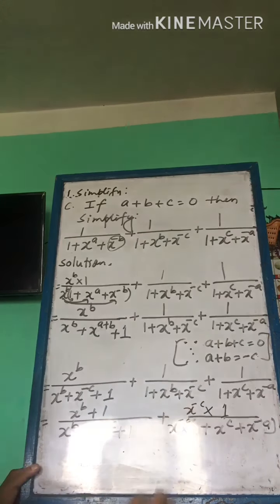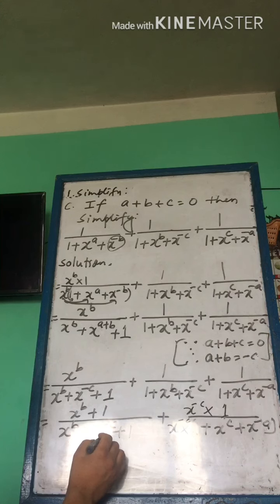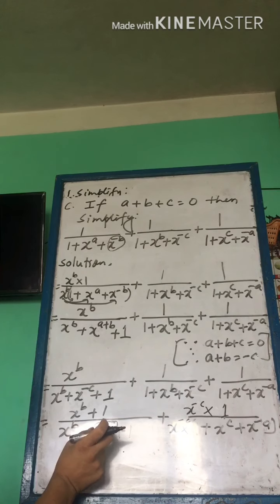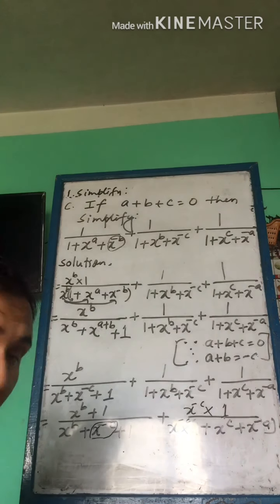Have you understood or not? By what we have to multiply its numerator and denominator? By this quantity. In the denominator, what is there in this fraction which has a power minus? This one. So with this multiply its numerator and denominator.